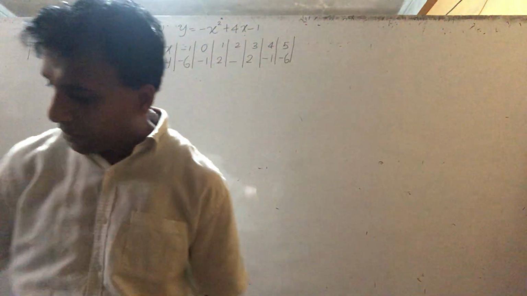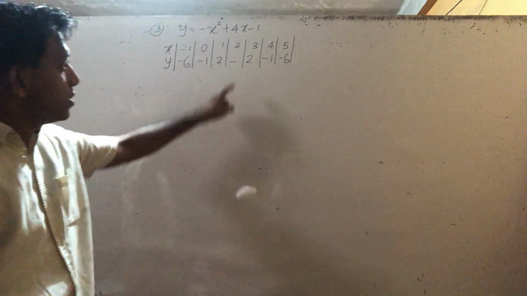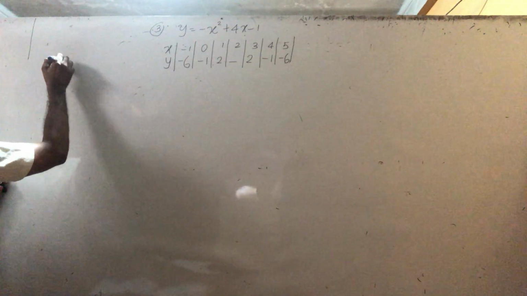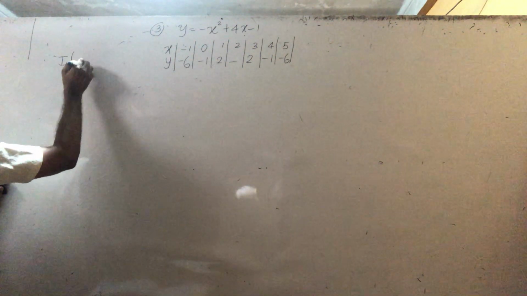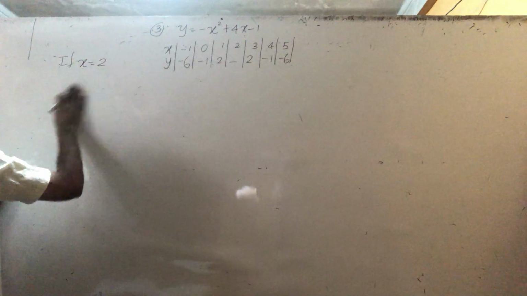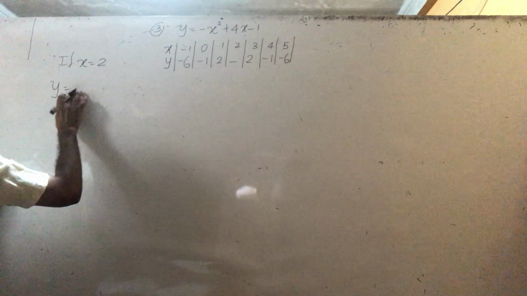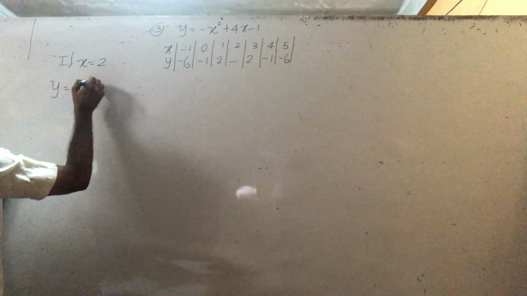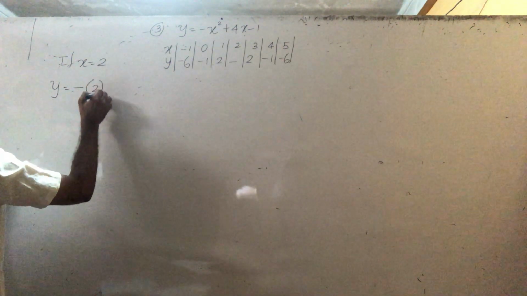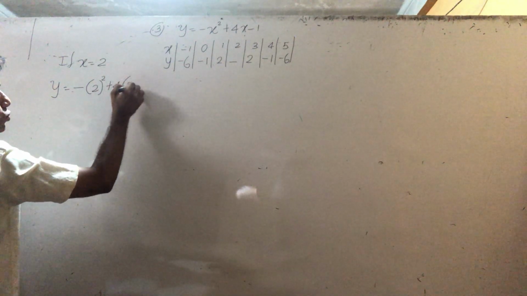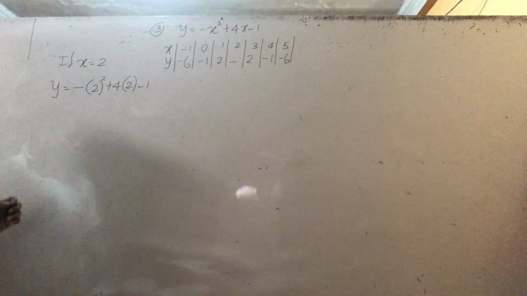Okay, first we fill the table. Only one blank. X is 2, what is y? If x equals 2, y equals minus 2 squared plus 4 times 2 minus 1.